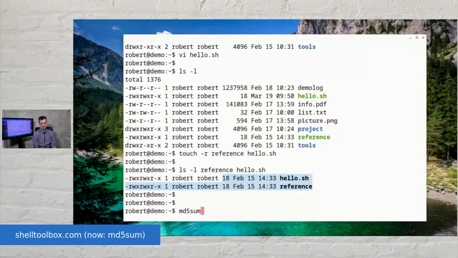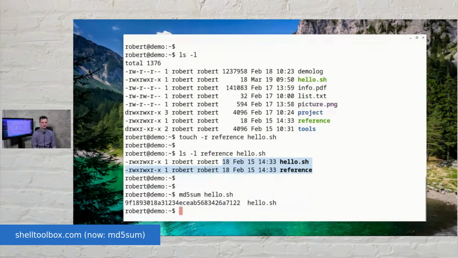The md5sum tool gives you a checksum, an MD5 checksum, a hash representing the content of the file. So here is the MD5 checksum of the content of hello.sh. The checksum is this one.